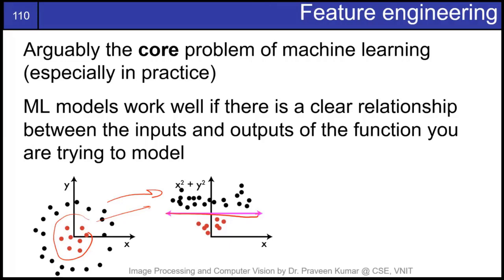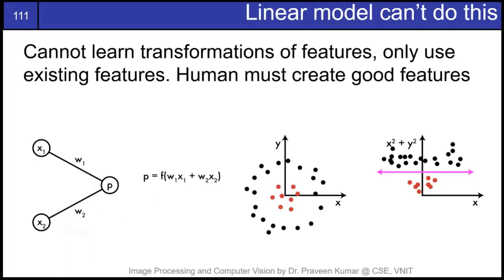This kind of feature engineering remained for many years. People were trying to find out how to transform the raw input pixel values, which features to extract, and which features work well in combination. Different features work well with different classifiers. And people could not learn those features automatically using just a linear classifier, because a linear classifier is just applying a function over a weighted summation of inputs, w1 x1 plus w2 x2.